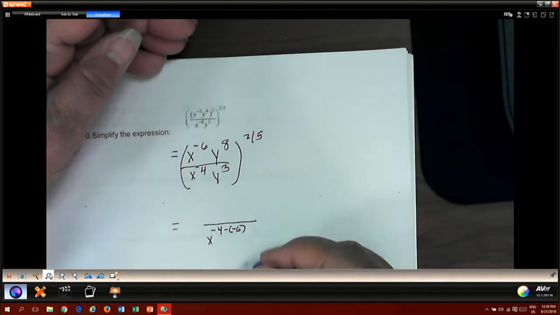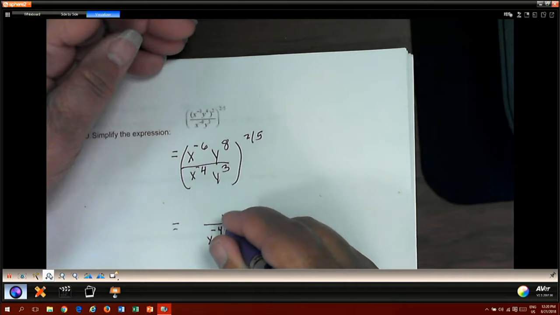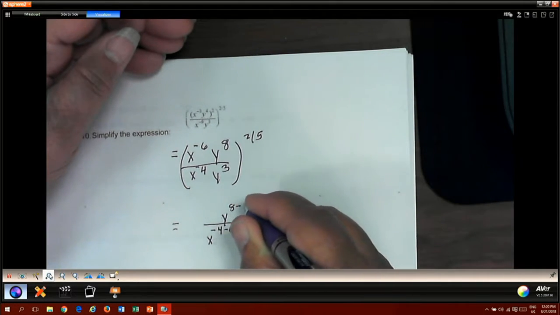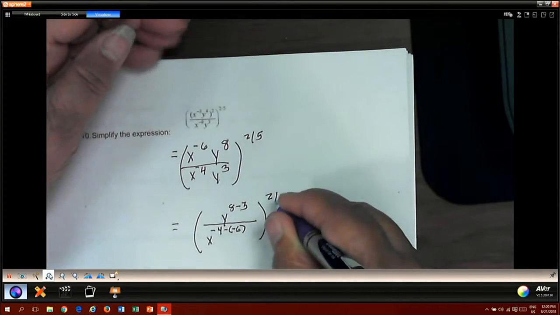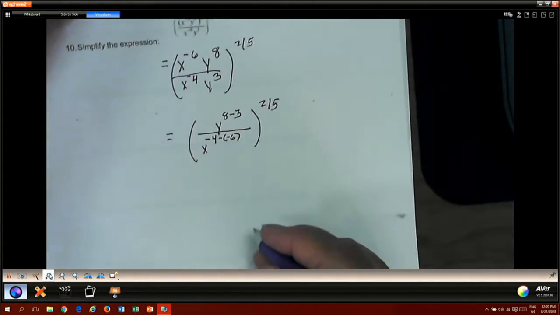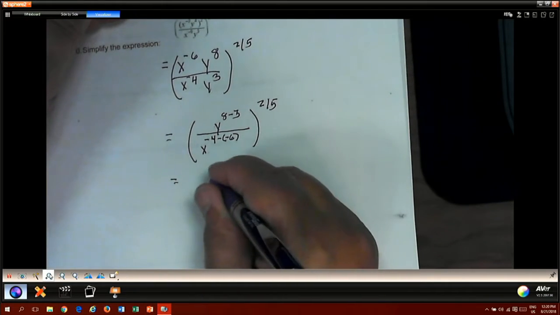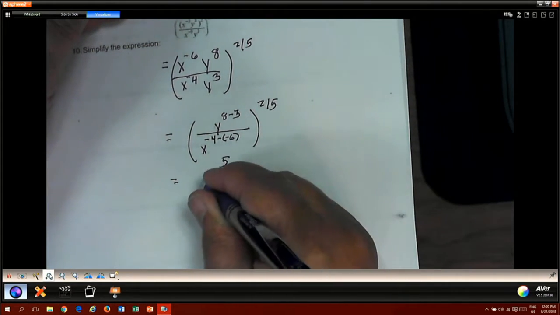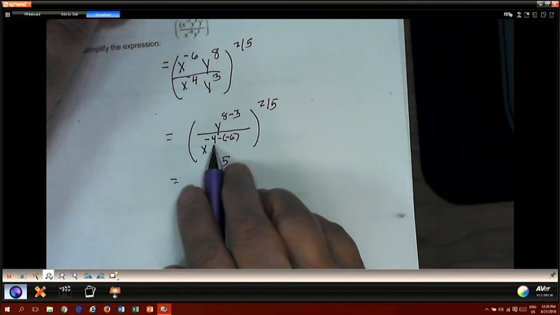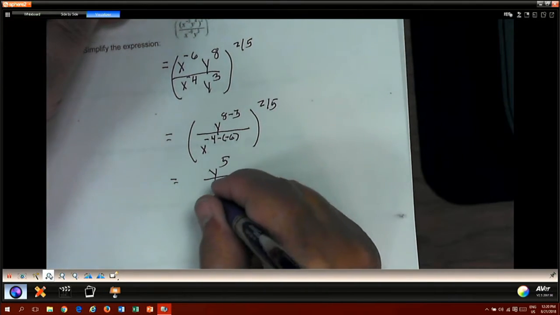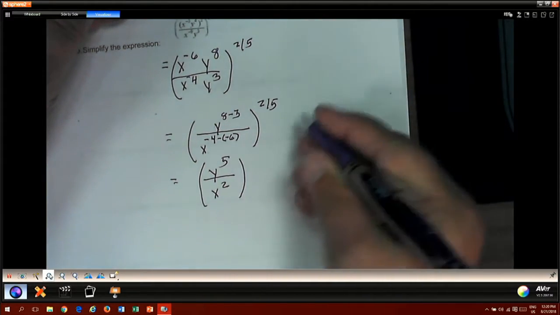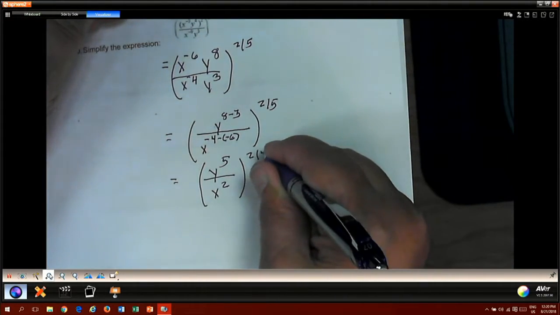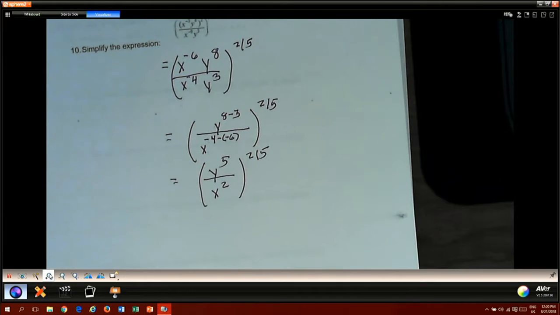We're going to move the y to the 3rd up, which means we're going to subtract the exponent. So this gives us y to the 5th in the numerator, and negative 4 minus the negative 6 becomes x squared in the denominator. We have what's within the parentheses as simple as possible.